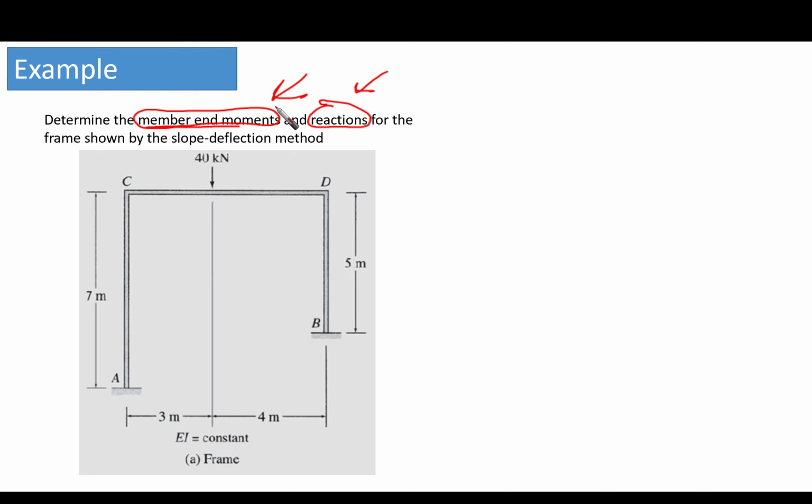So we have 1, 2, 3, 3 degrees of freedom, which are theta C, theta D, and delta.